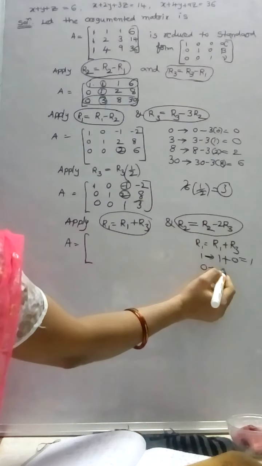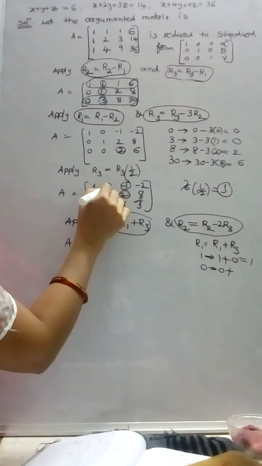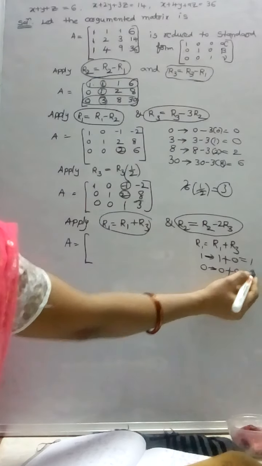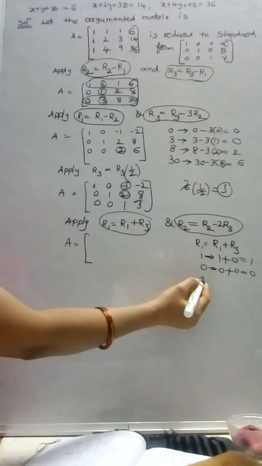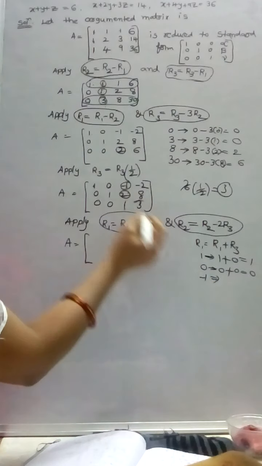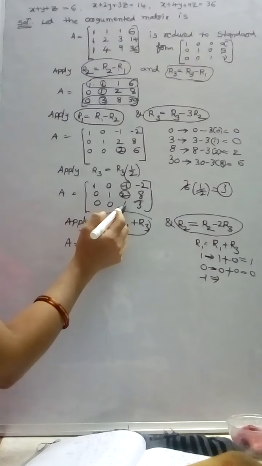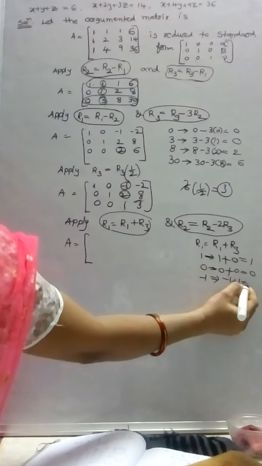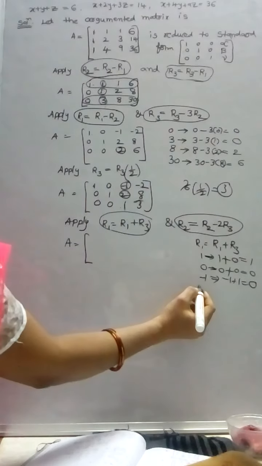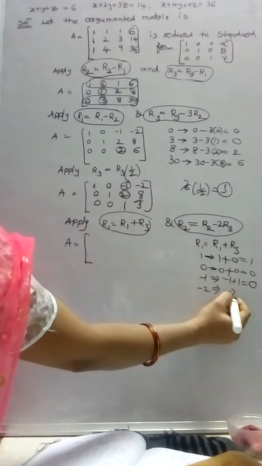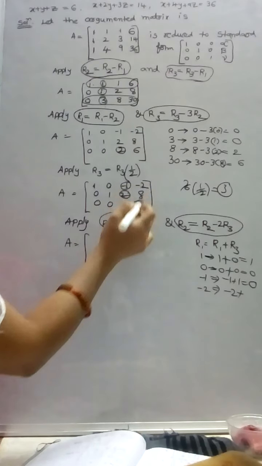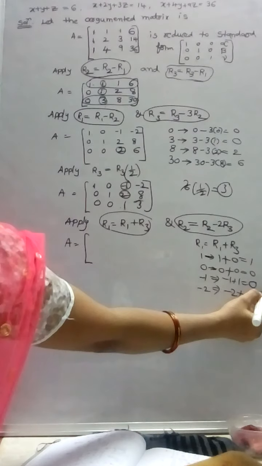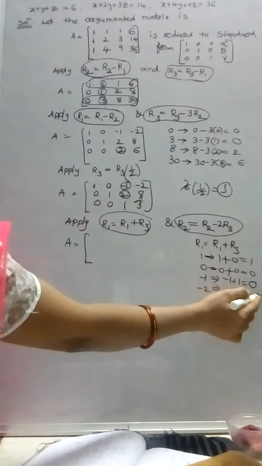The 0 plus the corresponding element of 0 in R3 is 0. 0 plus 0 is equal to 0. Next minus 1, the third element. The corresponding element of minus 1 is 1 in R3. Minus 1 plus 1 is equal to 0. Next minus 2. Minus 2 plus the corresponding element of minus 2, which is 3. So minus 2 plus 3 is equal to 1. We get 1, 0, 0, 1.